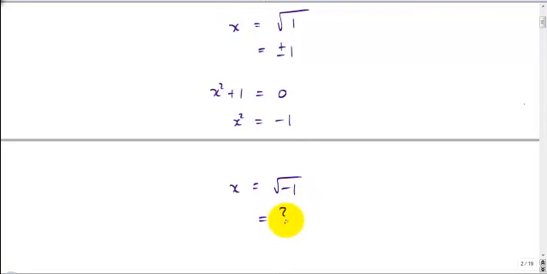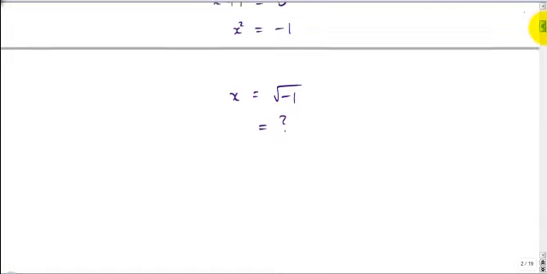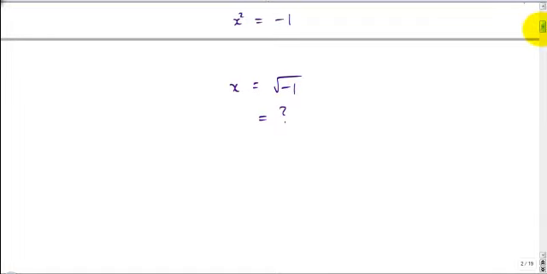Because we know that multiplying minus 1 by minus 1 gives you plus 1, and multiplying plus 1 by plus 1 gives you plus 1. But what number, when you multiply it by itself, will give you minus 1? The answer is that in the numbers that we've been using so far, what we call real numbers, there isn't any number that can do this.